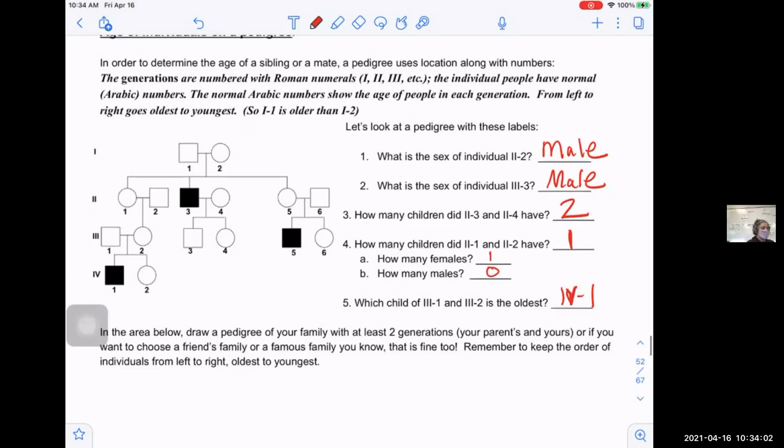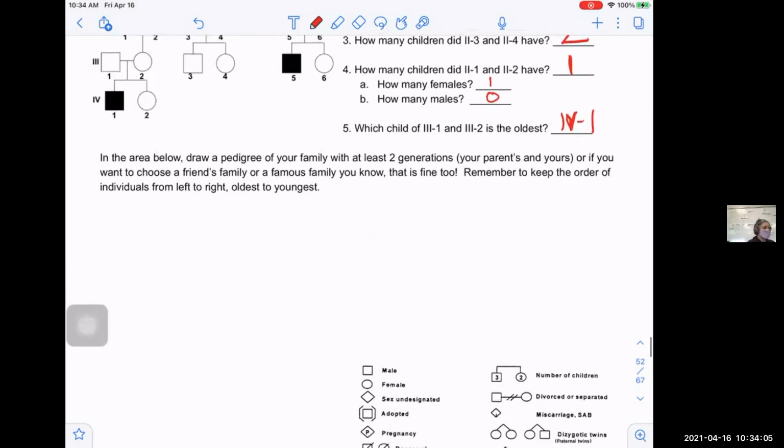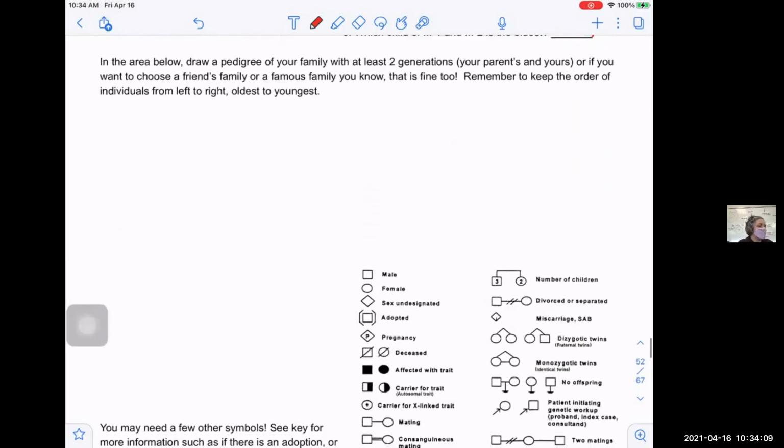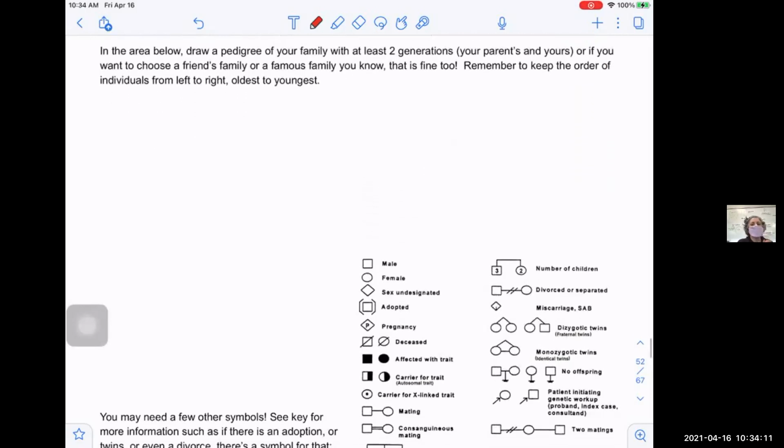All right, so what I'd like you to do now is take a moment and draw a pedigree of your family with at least 2 generations, by which I mean your parents and your generation. And I also said if you want to choose a friend's family or a famous family, that's fine. This is not graded. It's just to experience writing out a pedigree.